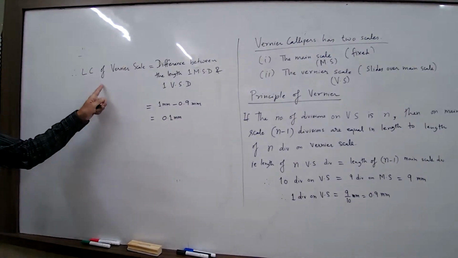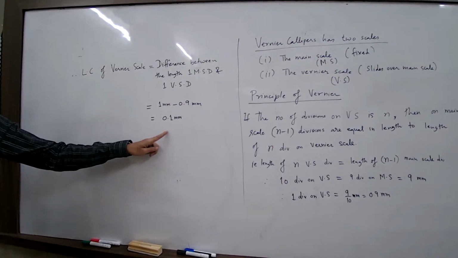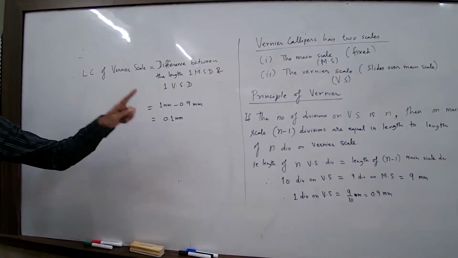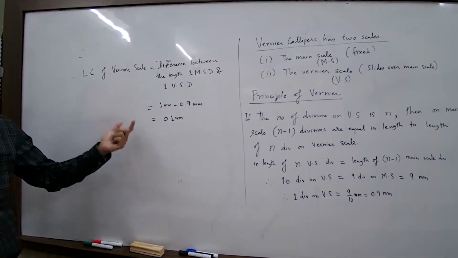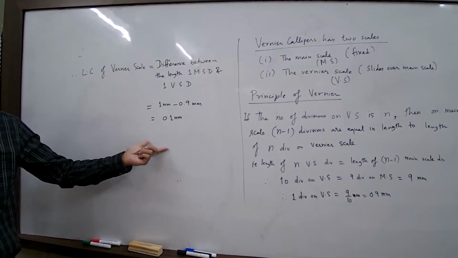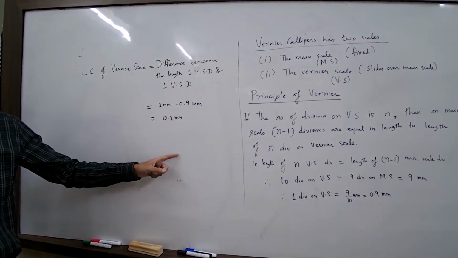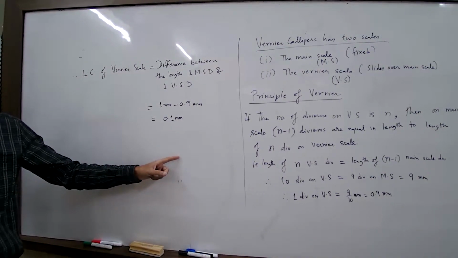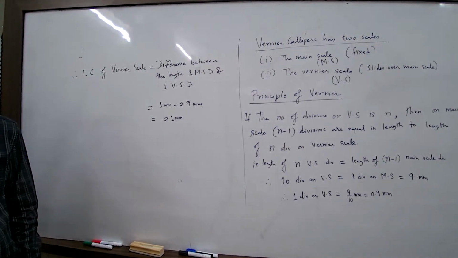So what is the least count of vernier scale? 0.1 millimeter. What was the least count of the meter scale? 1 millimeter. That means vernier scale can measure 1/10 smaller length than even the meter scale. So whose least count is better, vernier scale or meter scale?